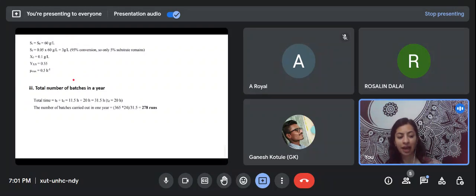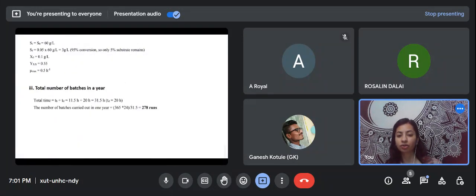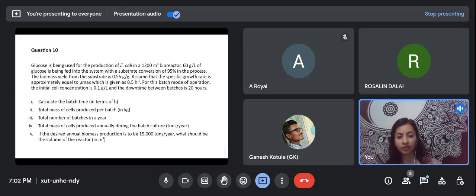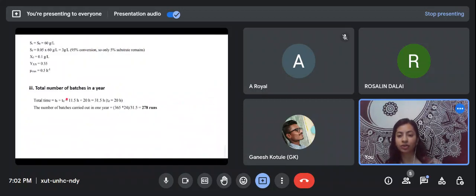So you know that one batch in this bioreactor takes 11.5 hours, right? Because that is what you found out in the batch time. Okay, and you also know that in the question itself it was given that the downtime between batches is 20 hours. Okay, so you have to take that also into account. So the total time, if you think of the downtime itself, also including the time taken for one batch, okay, it will be 11.5 hours plus 20 hours.